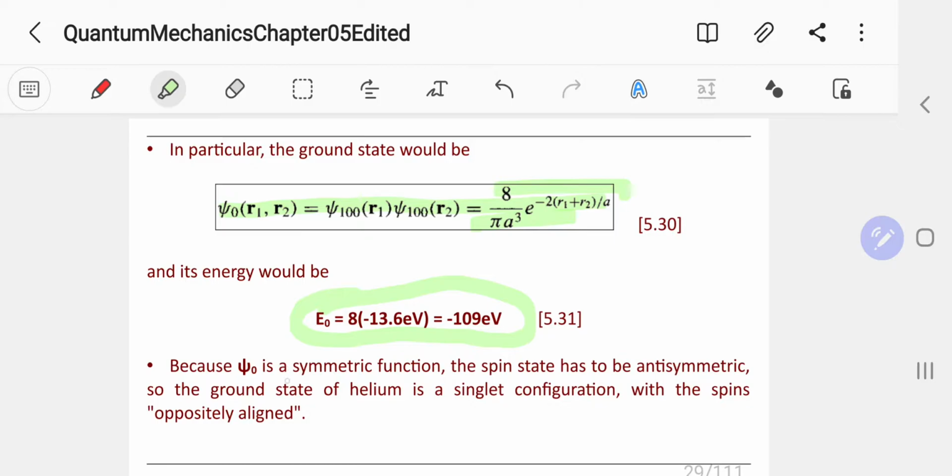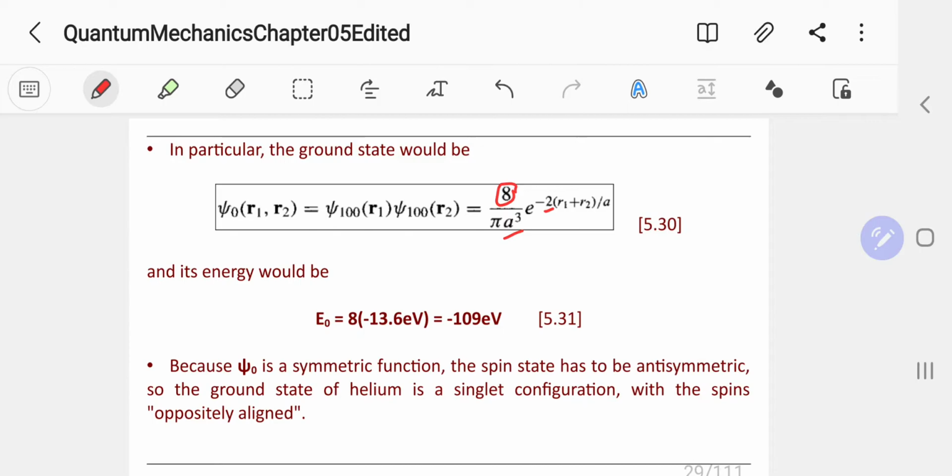Here you have the factor of 2, because a is reduced by a half, and you have a factor of 8 here because a cube is again reduced by a half, so you have a factor of 8.